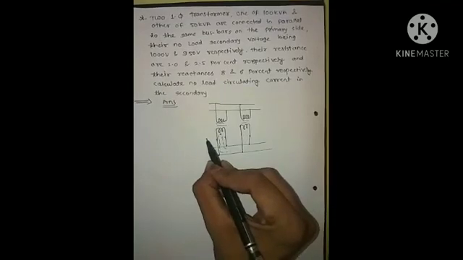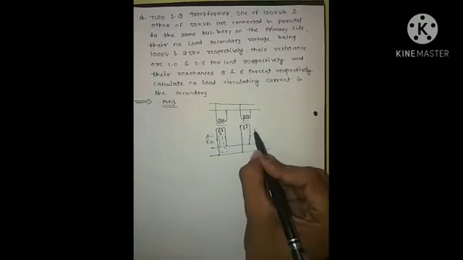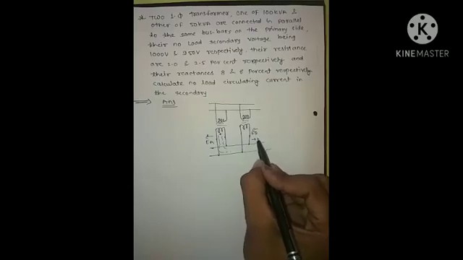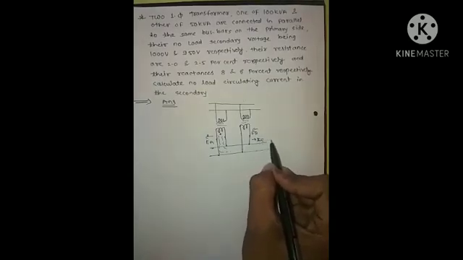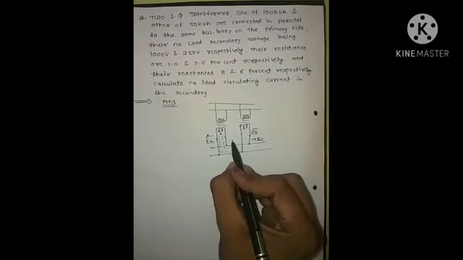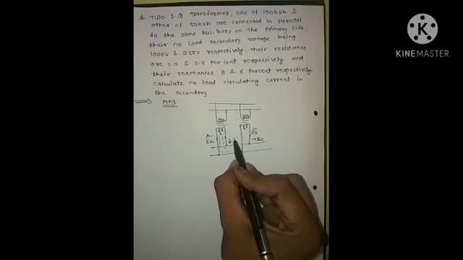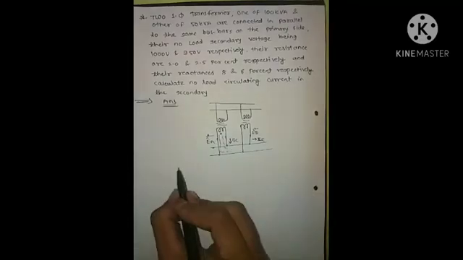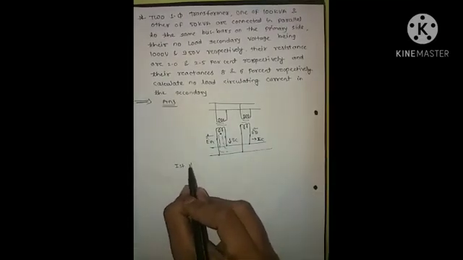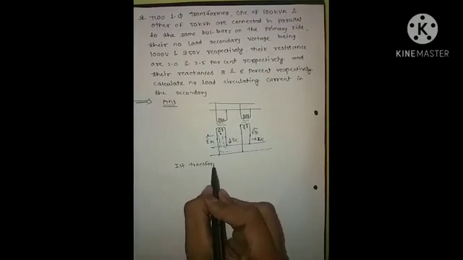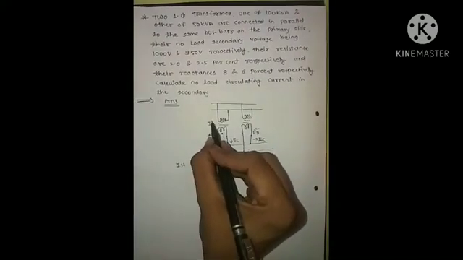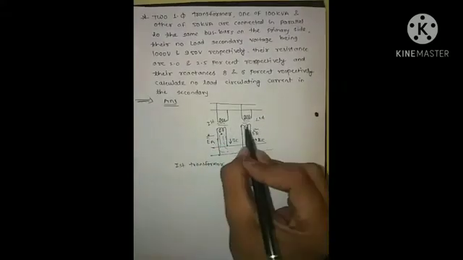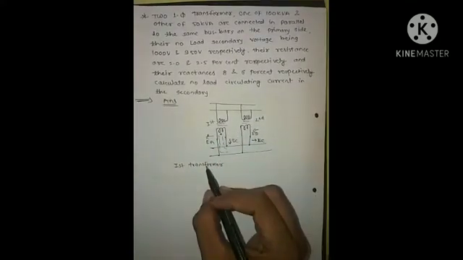The current IA flows in this direction while the current IB flows in this direction, and the circulating current IC is flowing in this direction. This is our first transformer and this is the second.